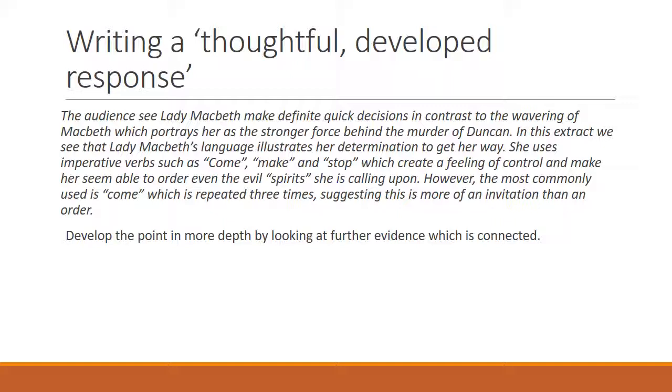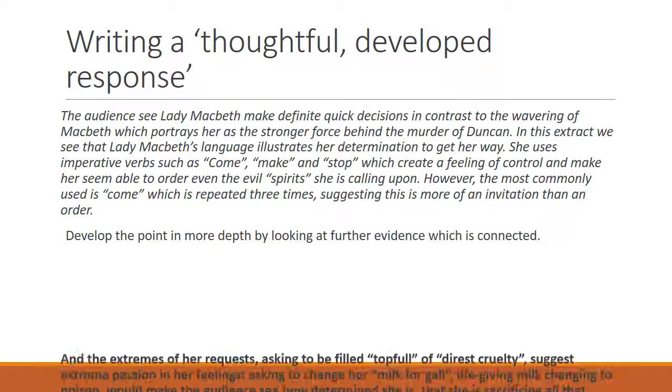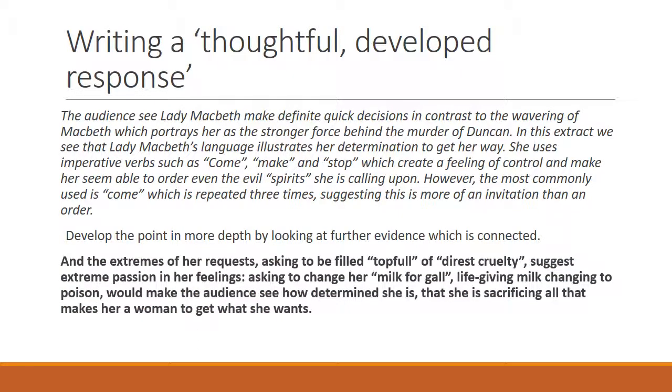So further evidence of her language illustrating her determination to get her way. So here, I now go to the extremes of her requests, asking to be filled top full of direst cruelty, suggest extreme passion in her feelings. So there we go. Further evidence, extreme requests, top full, direst cruelty, suggest extreme passion in her feelings.